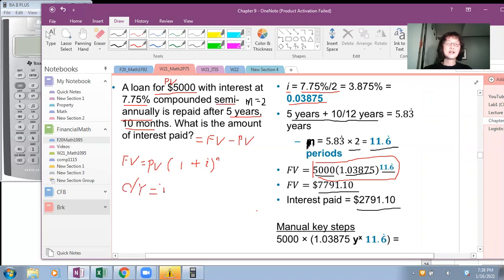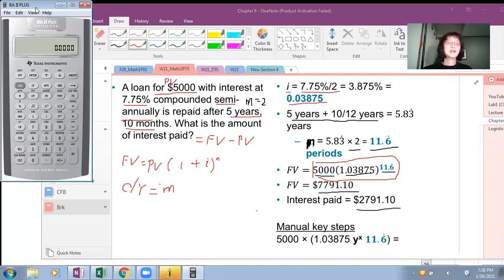It is actually m, the number of compounding periods per year, but the calculator uses CY, a different notation with the same meaning. So I'm going to press second, PY. In this chapter, PY also equals CY, but when we do annuities in the following lectures, PY is not equal to CY. So PY equals 2. Just remember in this chapter, PY equals CY.